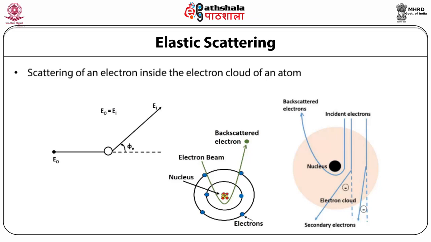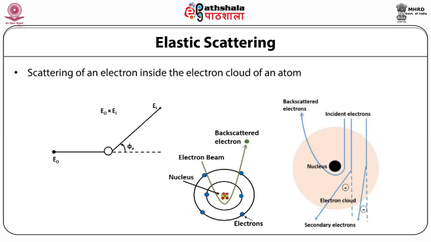The process in which the kinetic energy and velocity remain essentially constant is known as elastic scattering or electron backscattering. No energy transfer takes place from the electron to the sample, and as a result, the electron leaves the sample exhibiting its original energy E0. That means E is equal to E0.